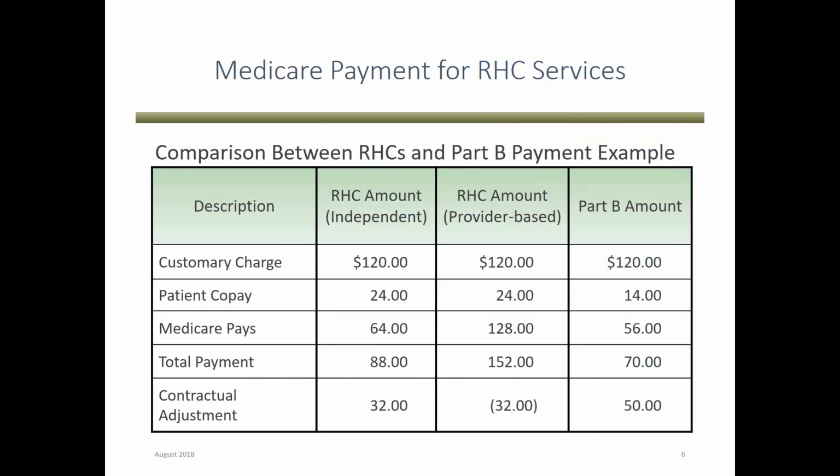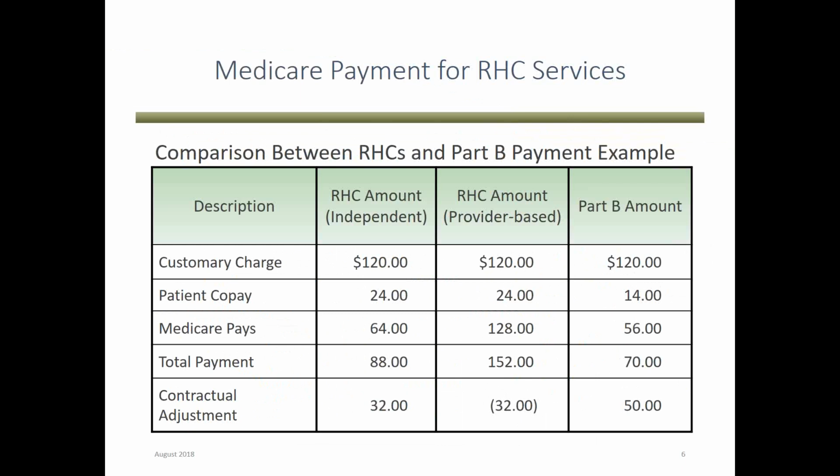So the 20% is $14. Medicare, again, will pay $56, and the total payment is $70. So a freestanding clinic, not an RHC, is going to have a $50 adjustment.